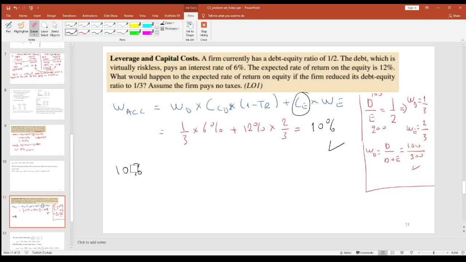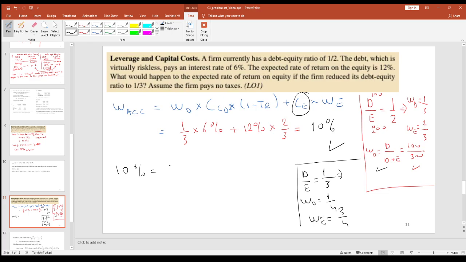Let me erase this one. 10% is weighted average cost of capital. Well, what is weight of debt in this situation? Let me show you here. Well, if debt to equity is equal to 1/3, then I can easily say that weight of debt is 1 to 4, which is 25%, and weight of equity is 3 to 4. From this logic, you can prove by yourself here.